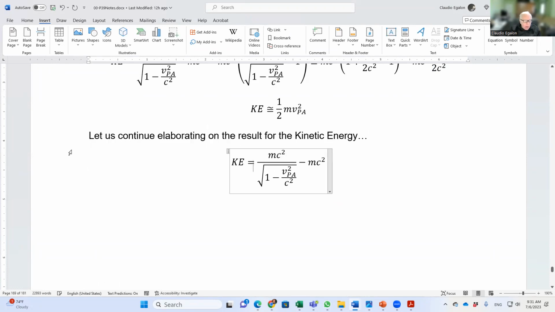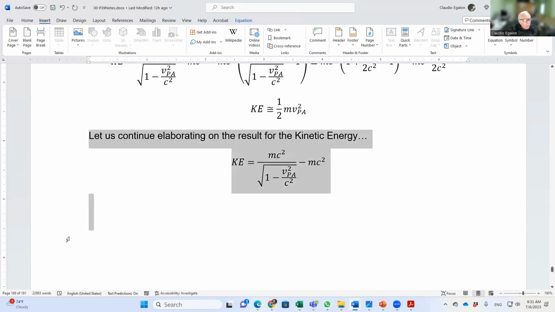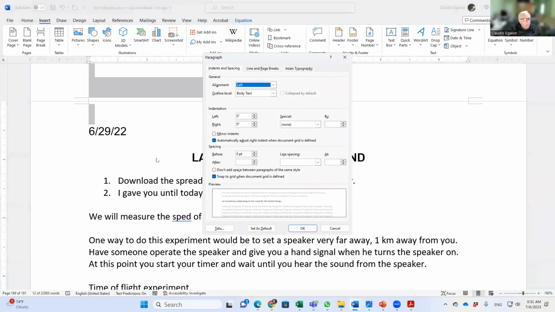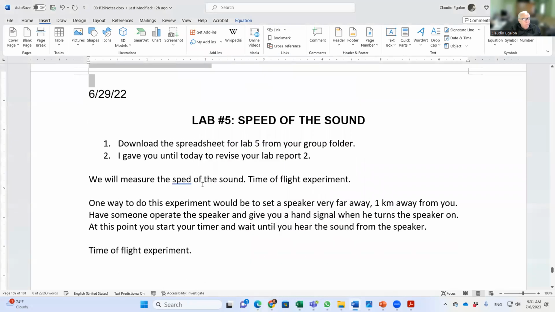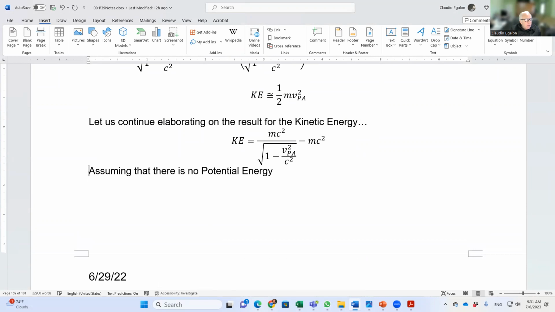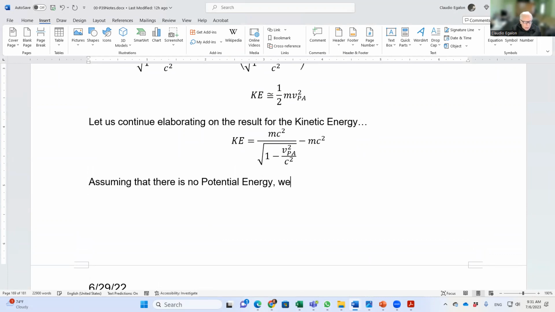Consider that there is no potential energy. Assuming that there is no potential energy, we're dealing just with a free particle.